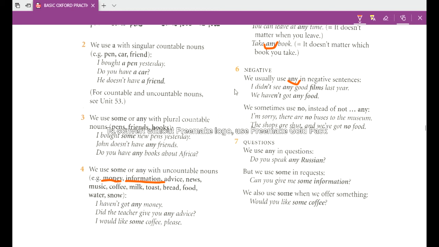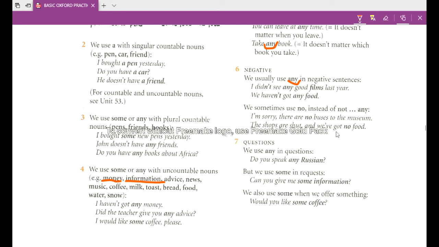I want to go back here just to show you plurals, friend, books. Don't forget some and any. It's very important because when we're talking about countable and uncountable nouns, we talk about some and any, and next lesson probably we can talk about how many and how much.